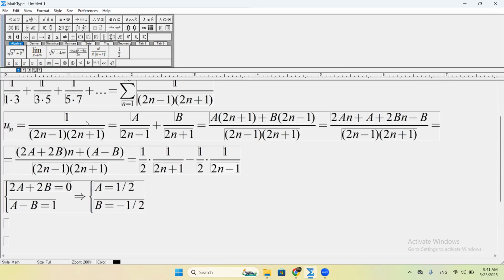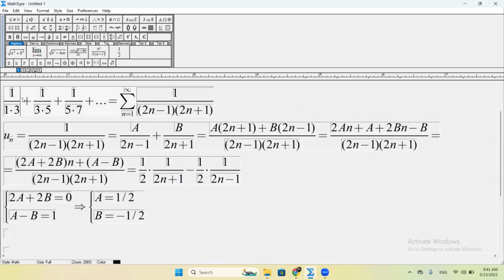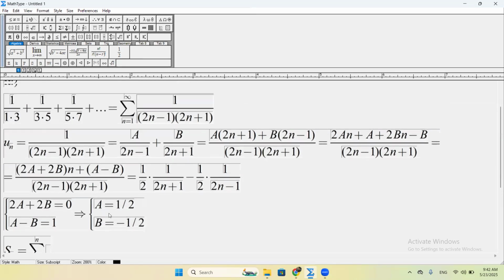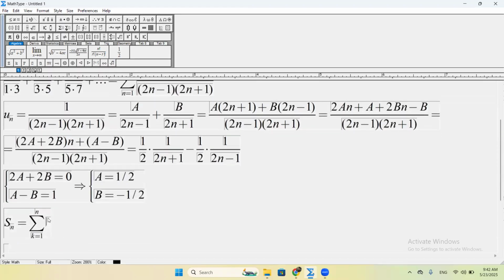And now let's rewrite all these terms. Okay, so let's write down the nth partial sum of the series. So how is it written? k starting from 1 to n, so it's a partial sum of terms. And in our case, it will be like this.